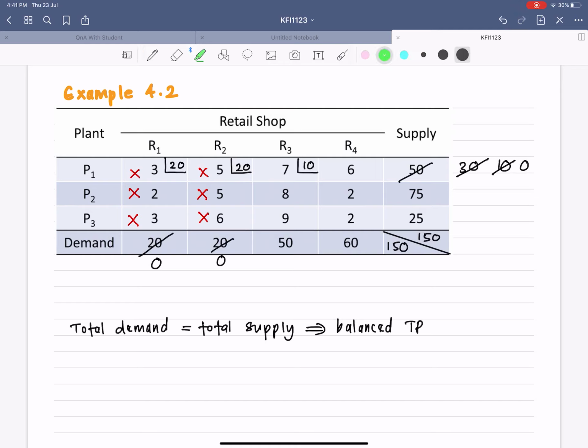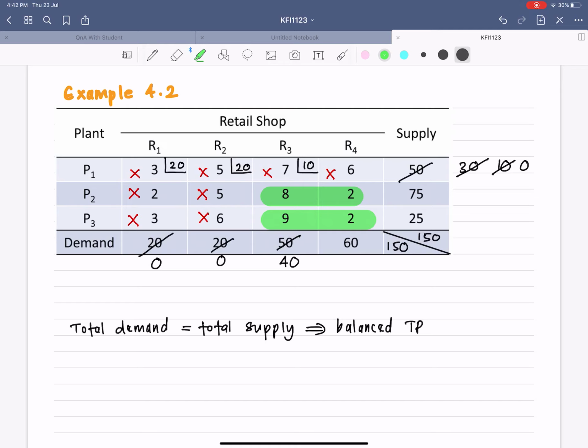And 50 minus 10 is 40, so here we have 40. Because in the first row the supply is already 0, we need to cancel out the first row.